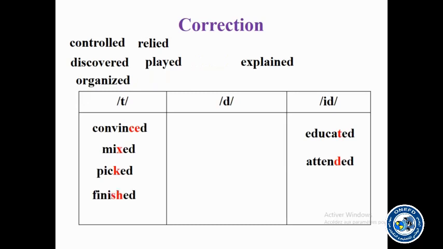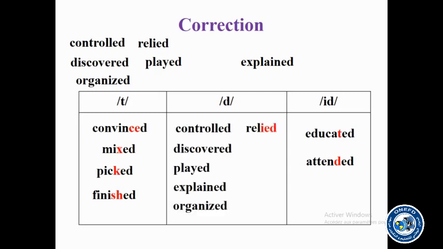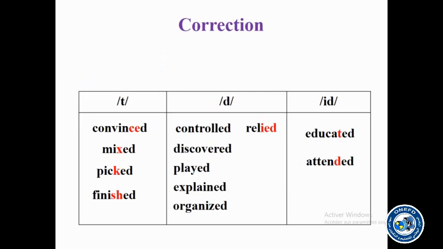Yes. Finished. The remaining ones are pronounced d. And as I said, particular attention to relied, you see it's the d sound. Very good. I hope all your words were correct.